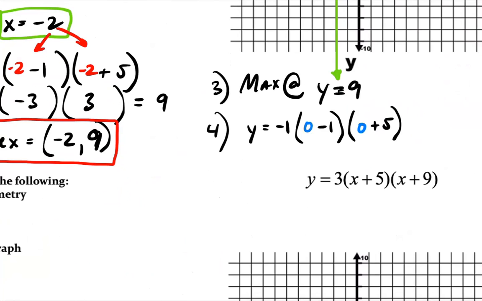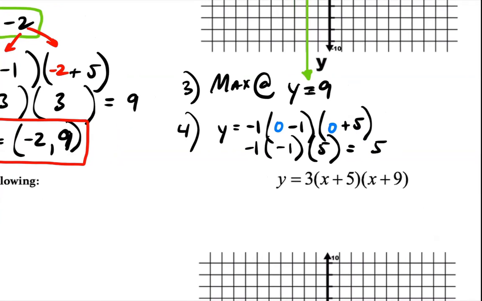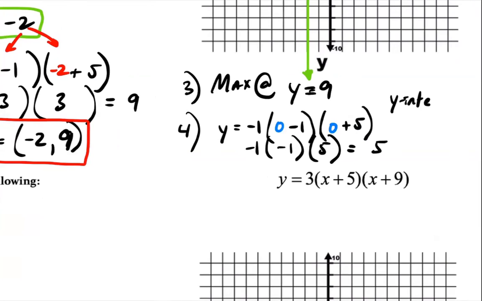So I do the same thing, except now I get different numbers. 0 minus 1 is -1, so I have a -1 in front, a -1 in here, and a +5 in here. So -1 times -1 times +5 is +5. The y-intercept is (0, 5). X is always 0, and for this one y is 5.